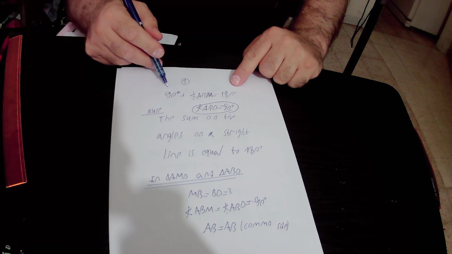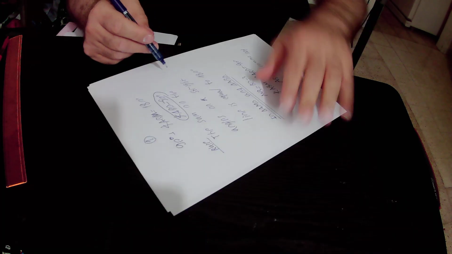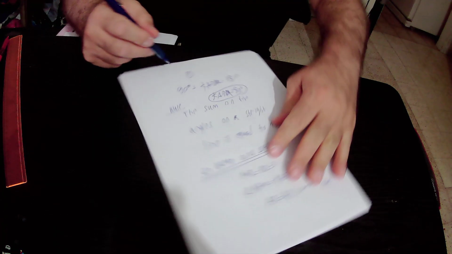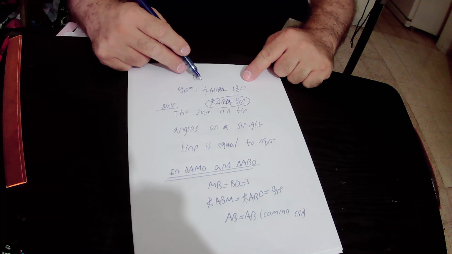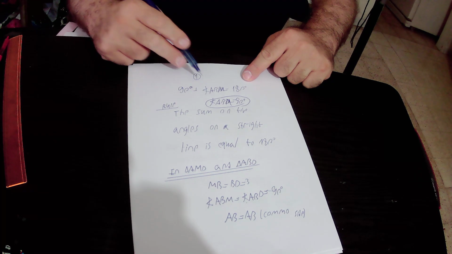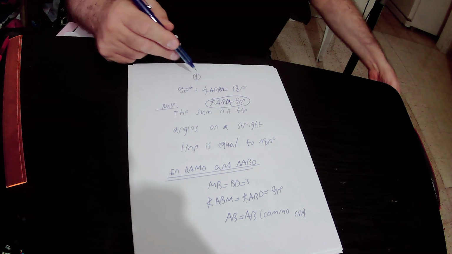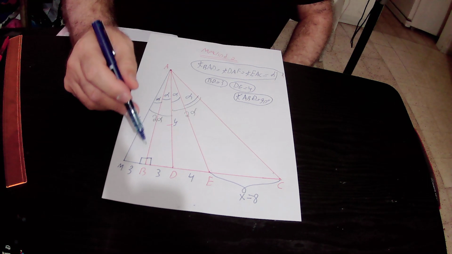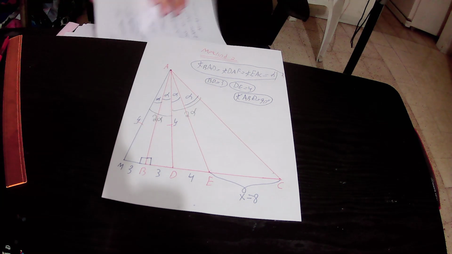So we subtracted 90 degrees from this equality and found that the size of angle ABM equals 180 degrees minus 90 degrees, which is 90 degrees. So we found that this angle is a right angle, that is to say it equals 90 degrees.